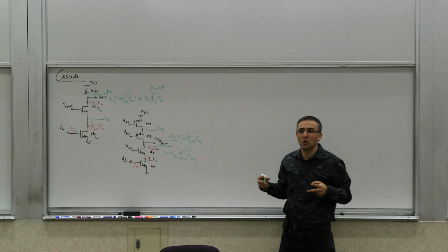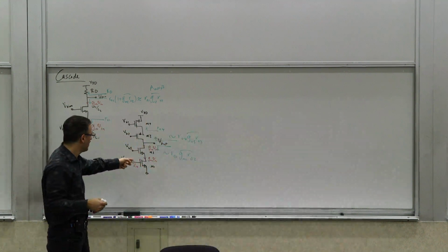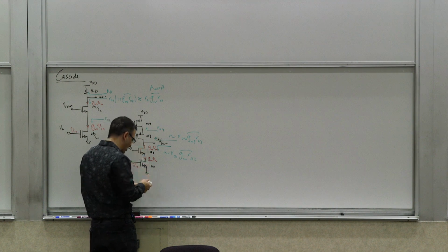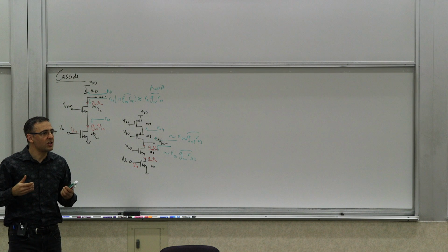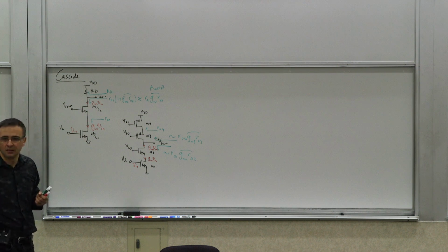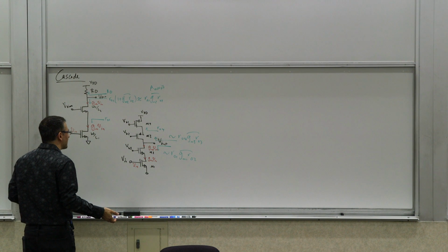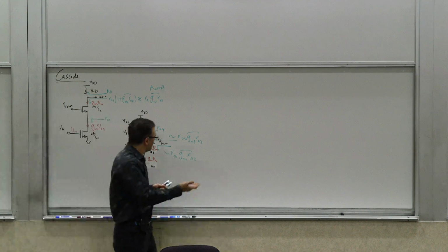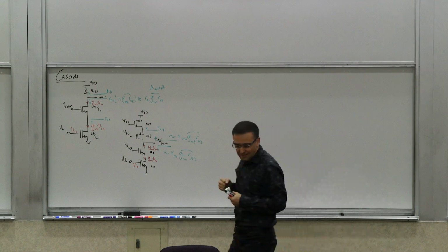So by changing the W over L, keeping everything else, even if the current is the same, you can change the GM. So this GM can be different from the GM of the other one. So this is still GM1. These GMs can be different in a MOSFET. In bipolar, they are also different a little bit because of the alpha, but what's an alpha between friends? So here's what you have as the basic transistors.